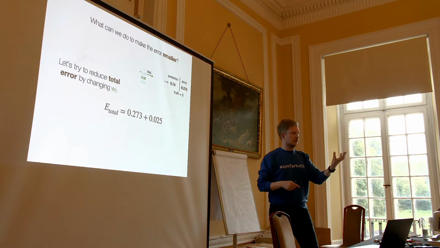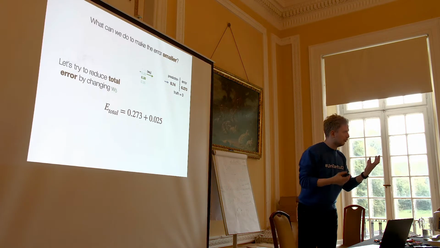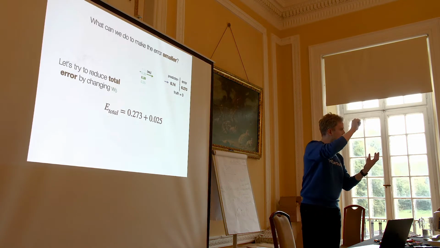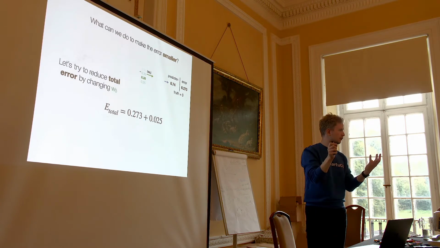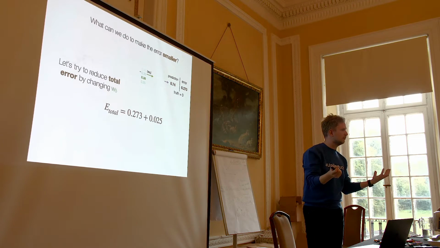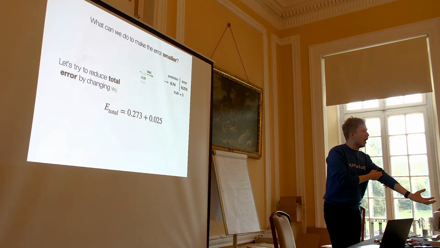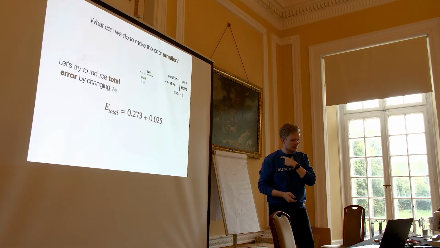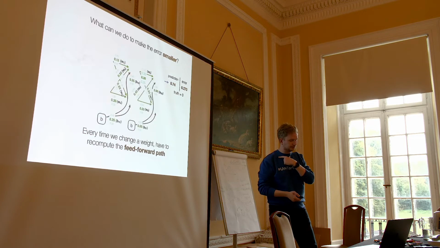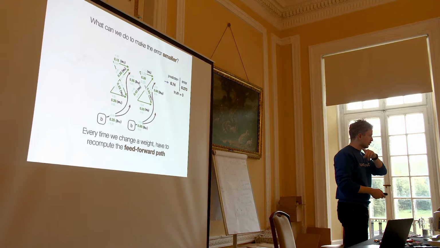Imagine the approach that I'm trying to test here: I am going to randomly tweak every weight and see how that influences my total error. It will take me ages, eons, to do that. Maybe on this one it's fine, but in general, if I do it on every other weight, it's going to take too much time.